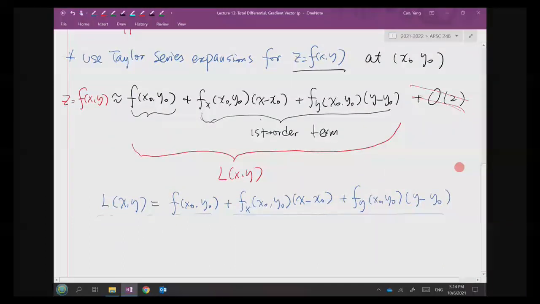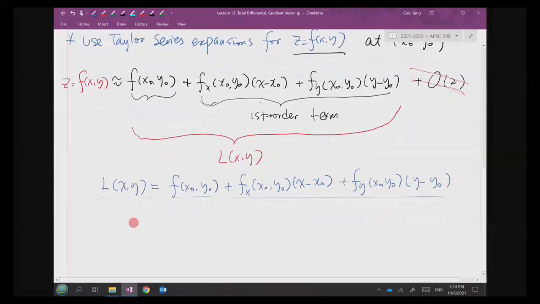What is it? It's a plane, right? It's actually a plane. So remember the plane equation: a times x minus x naught plus b times y minus y naught plus c times z minus z naught equal to 0.